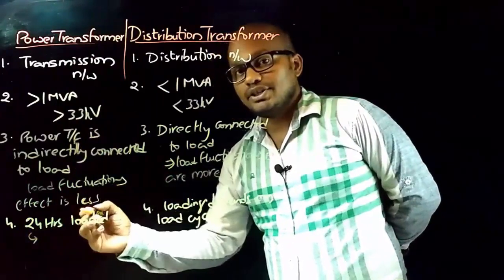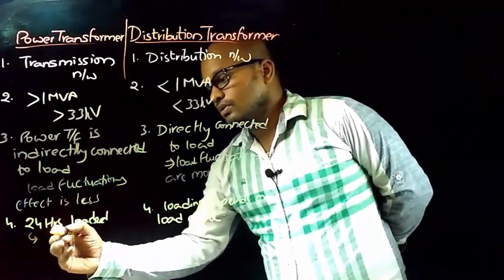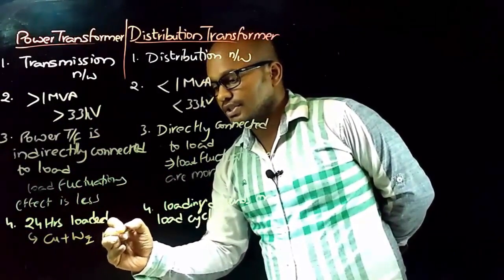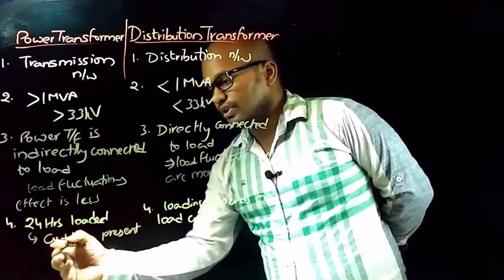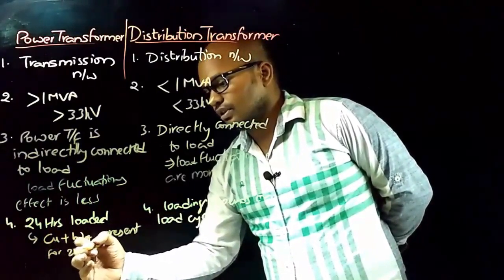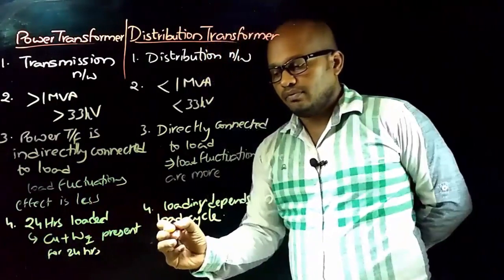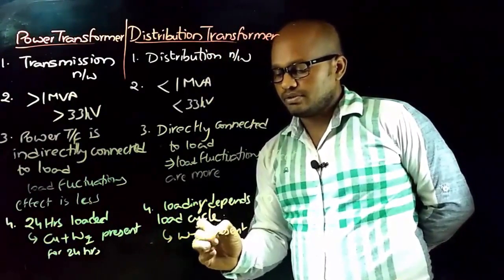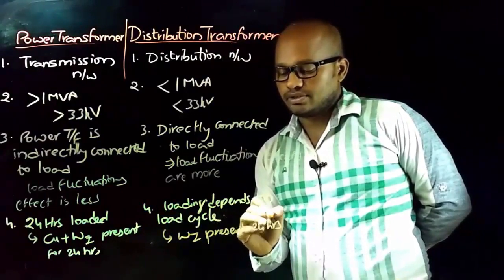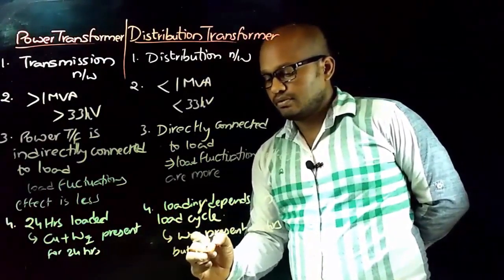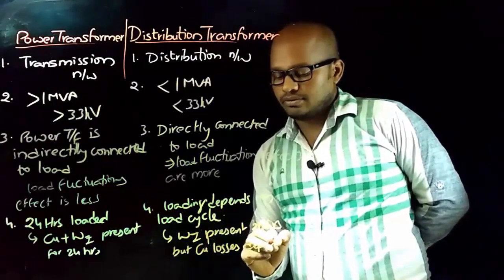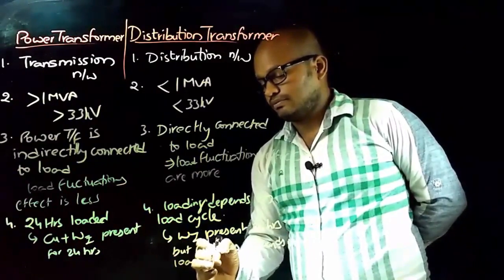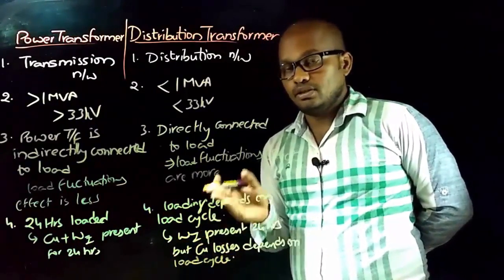As the power transformer is 24 hours loaded, copper losses and iron losses are present for all 24 hours, whereas here iron losses are present for 24 hours but copper losses depend on load cycle, because copper losses depend on the load current.